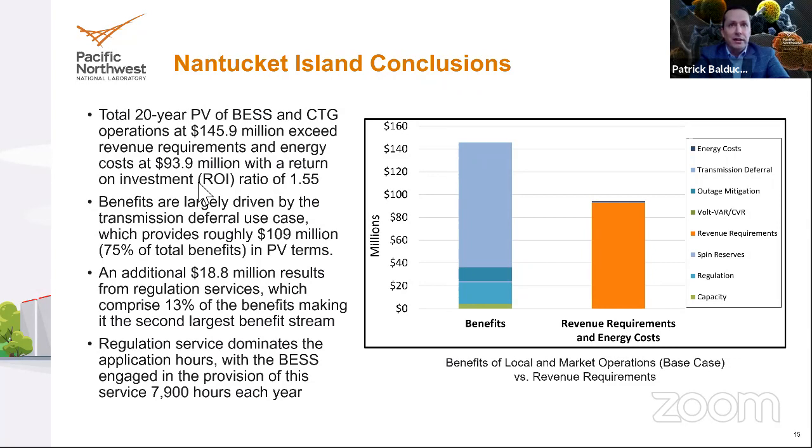So we included debt and insurance and all the O&M costs, all the energy costs. So return on investment ratio 0.55 with benefits. The frequency regulation participation is easily the most significant driver of value, the most frequent use of the system.